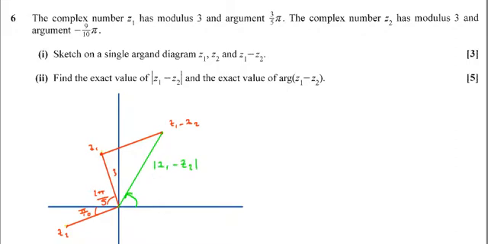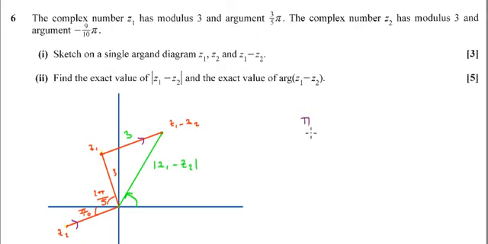Well, the magnitude is quite straightforward. Because we know this length is 3 and we know this length is 3, this length must be 3 as well. And so this magnitude can be found because this angle in here, because these are parallel, is going to be just the sum of these. So we can use the cosine rule if we add these two angles together.